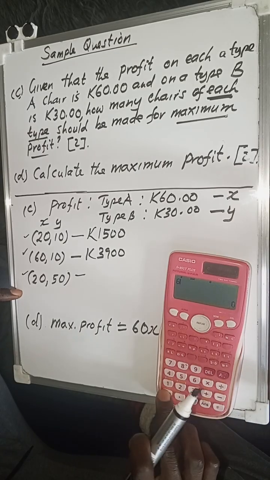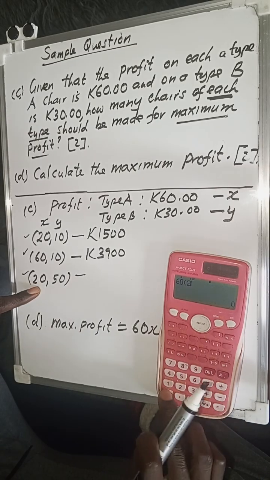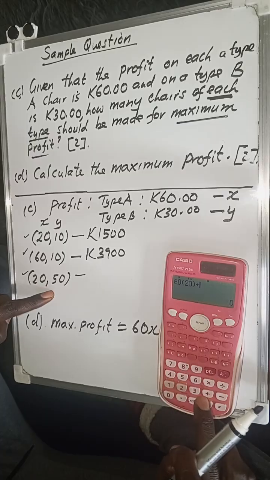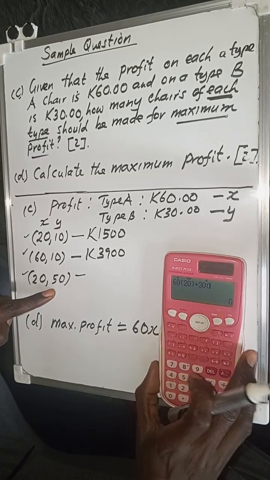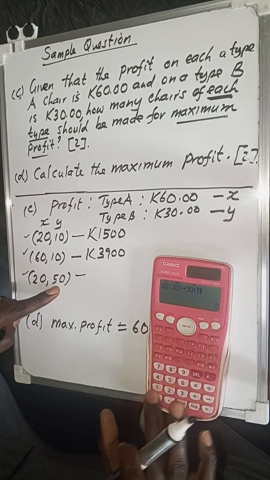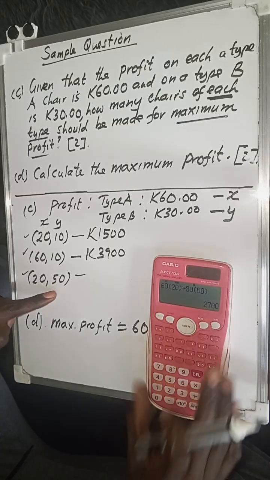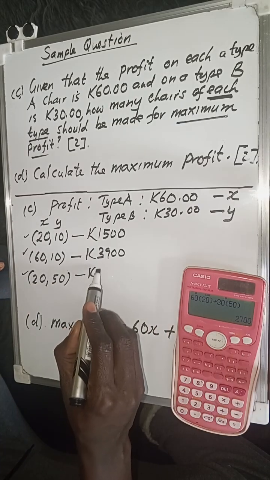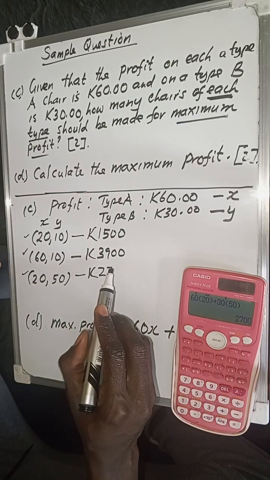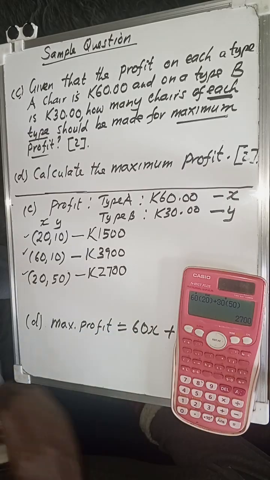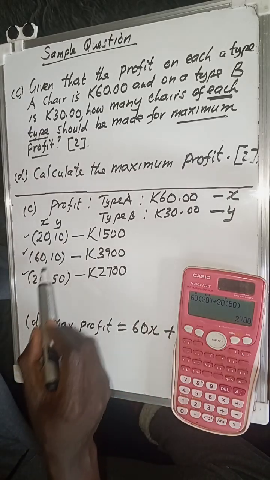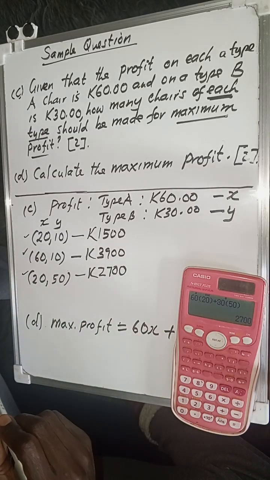We do the same. So it will be 60, open bracket. My X is 20 plus 30 multiplied by my Y, which is 50. So that is going to give me, in this case, 2,700. So you can see from these coordinates, which one has given you the maximum profit?